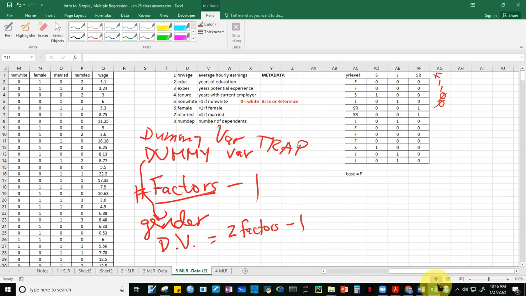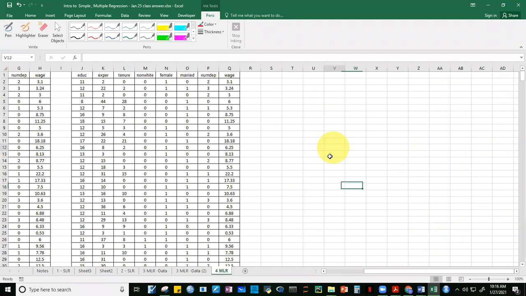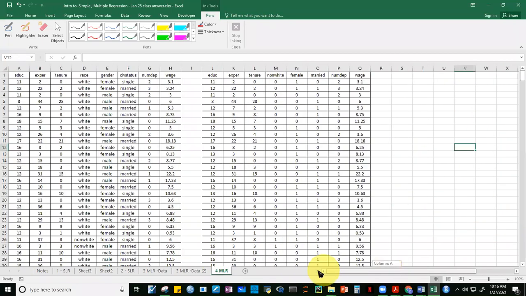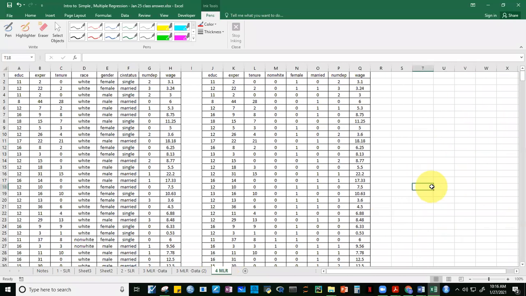Okay, so let's now go to our data. Gamitin natin, guys, to preserve yung ginawa natin para may reference kayo, gamitin natin 'tong MLR natin. So take note, tinanggal ko na yung formula. Hindi natin pwedeng gamitin yung may formula. Magkaka-error tayo pag nag-regression tayo.